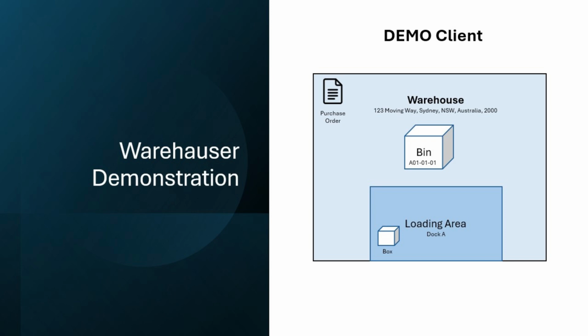Our next task is to inbound the product contained within the box. But before we can do that, we need somewhere to put that product. And so we need to create a package in which to put it.